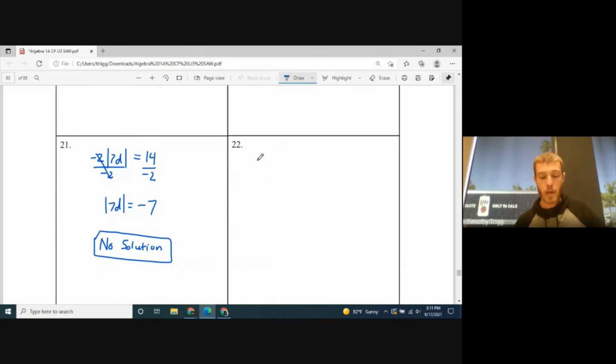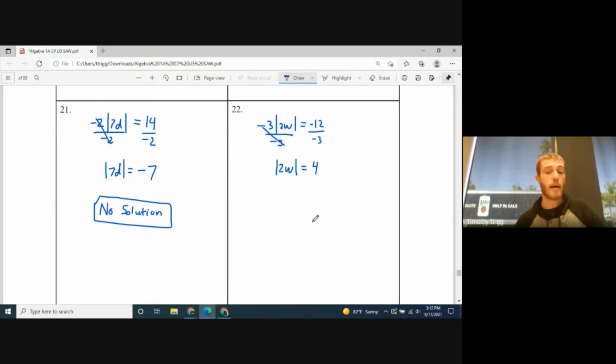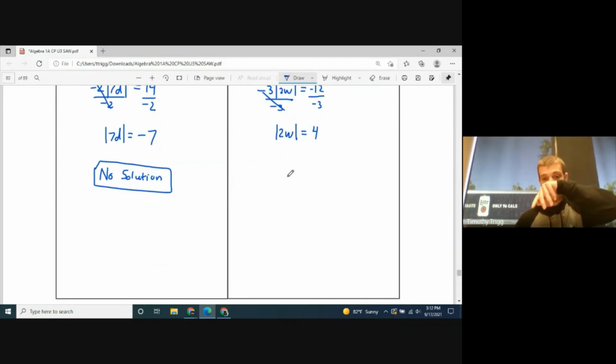Number 22, here we have -3 times the absolute value of 2w equals -12. In this one's case, we divide both sides by -3, giving us that the absolute value of 2w equals, negative divided by negative is positive, 4. Here's where we'll split it into two equations.